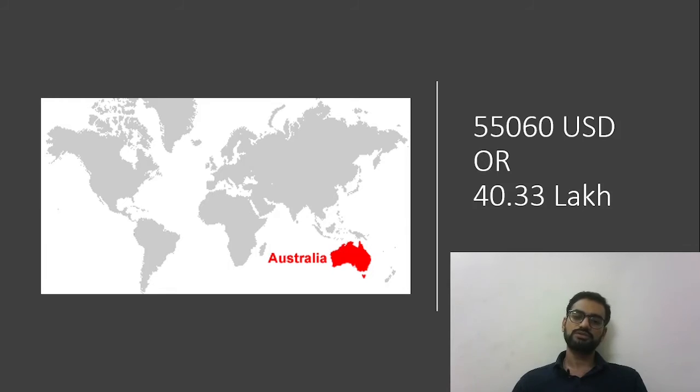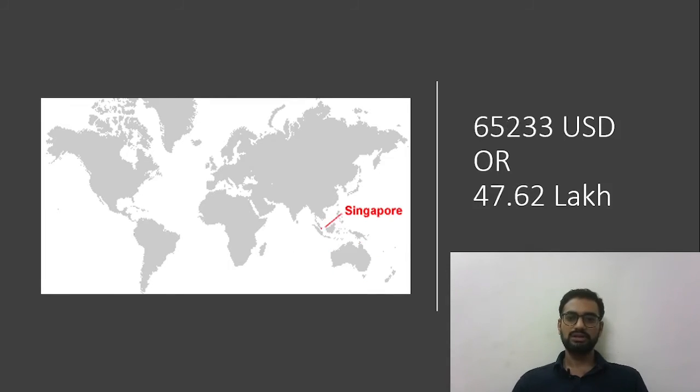It has a more population than Germany and UK, UAE as well. So 40 lakhs per individual per year is a good amount to maintain a very good standard of living, and that's why all these countries are considered in the developed country categories. The amount of money that you have will be directly proportional to the standard of living that you maintain in that particular country.